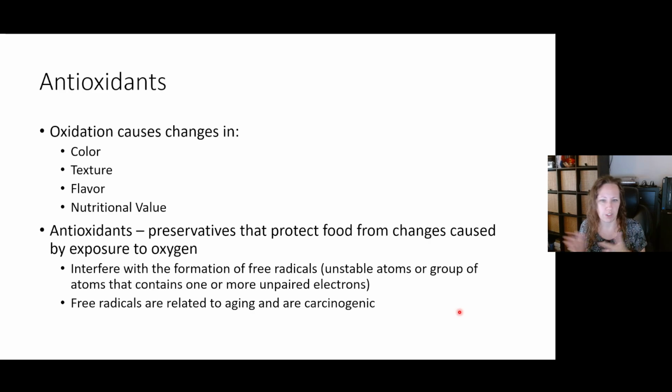So it's kind of interesting. What we need to survive is slowly killing us. But the more free radicals that are in our body, the faster aging may occur and often can also lead to cancer.